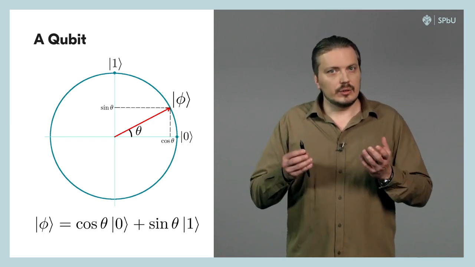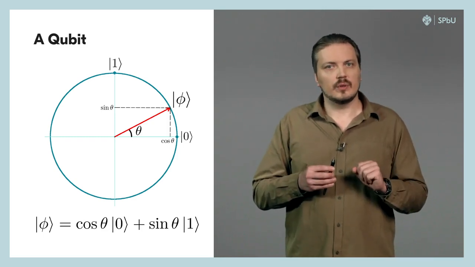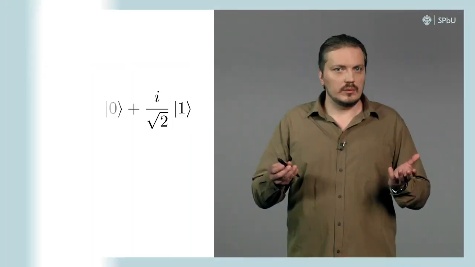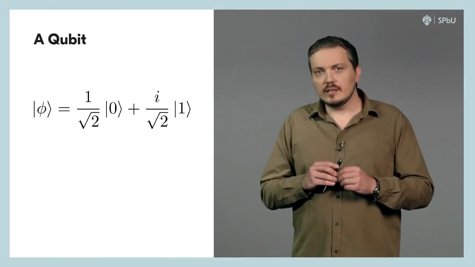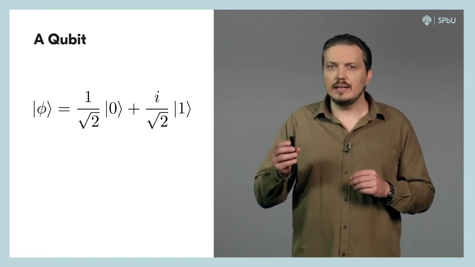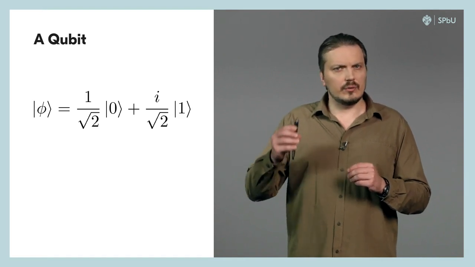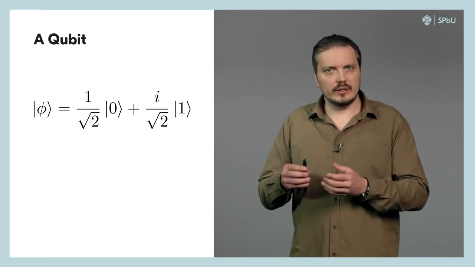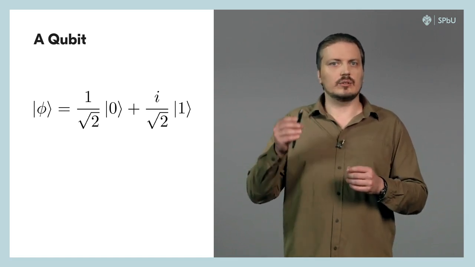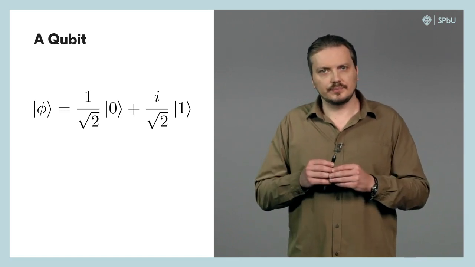But the real qubit is defined by two real parameters, or even by two complex numbers. This formula, for example, defines a perfectly valid qubit, which does not correspond to any point on this circle. We will see later on in week 2 that geometrically this formula defines the state which rotates counterclockwise, passing all the points on this circle.